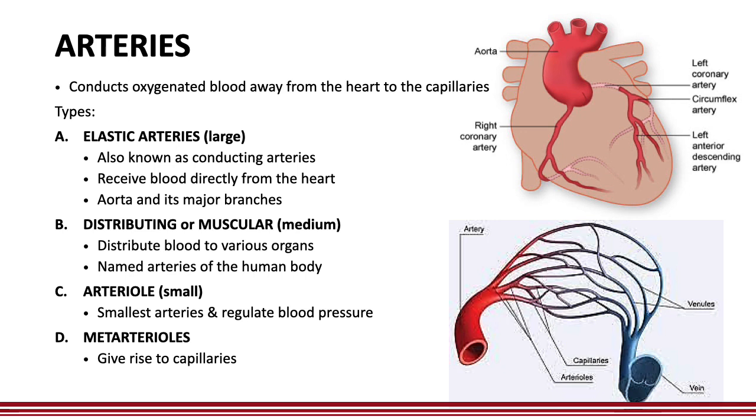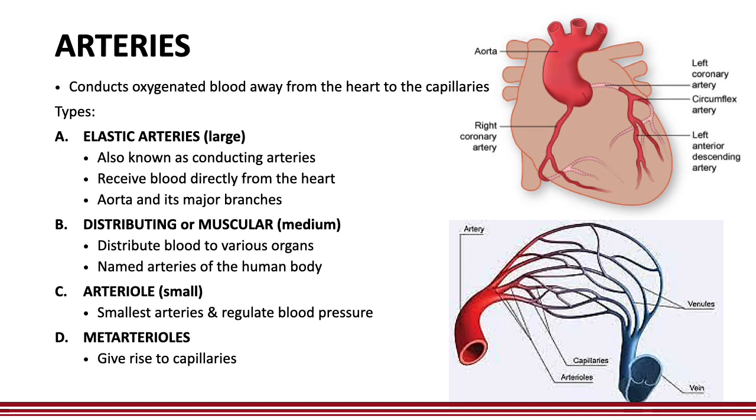You also have smaller, medium-sized arteries, known as distributing arteries. They are also known as muscular arteries because their tunica media tend to be thicker. They distribute blood to various organs, and distributing arteries have specific names depending on where they are in the body. Emanating from the muscular arteries are even smaller arteries, which we call arterioles.